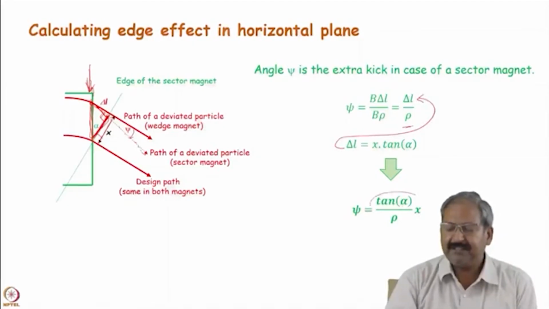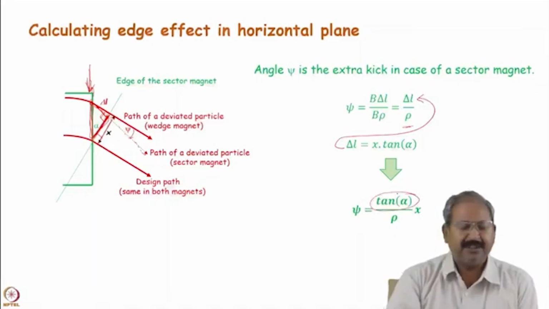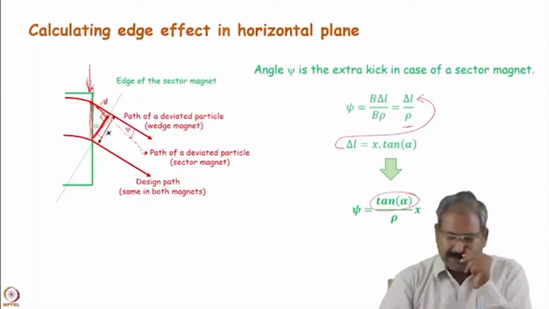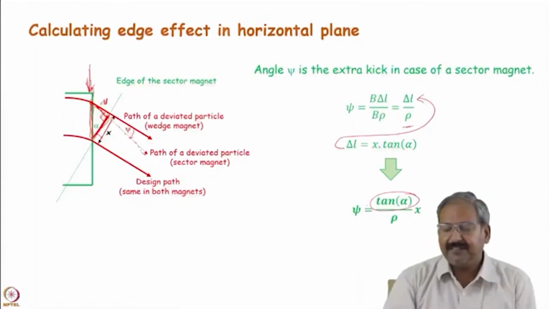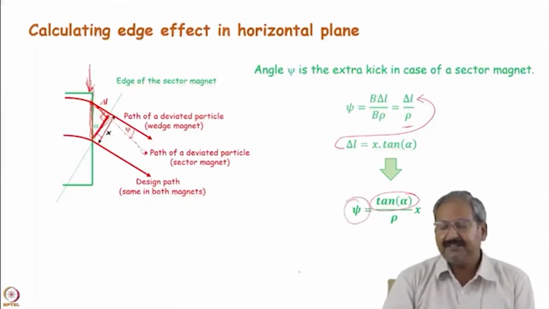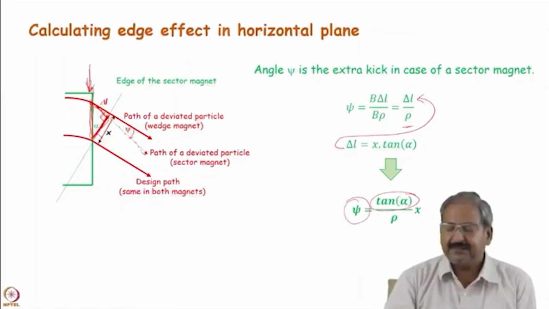And alpha is just the orientation of the edge with respect to the sector edge. So this alpha defines this psi. And in the case of alpha 0, meaning a sector magnet, psi will be 0, so there will be no additional effect compared to the sector magnet.